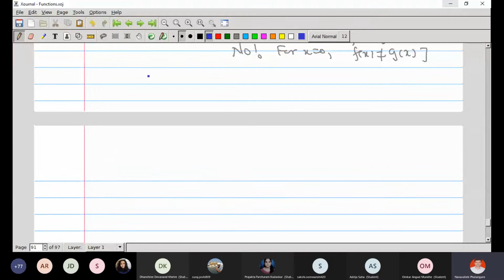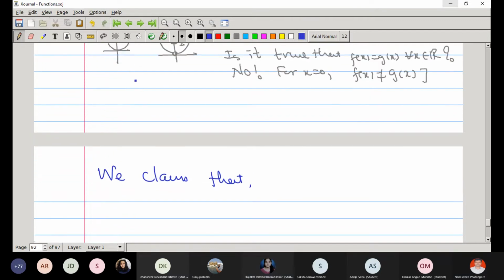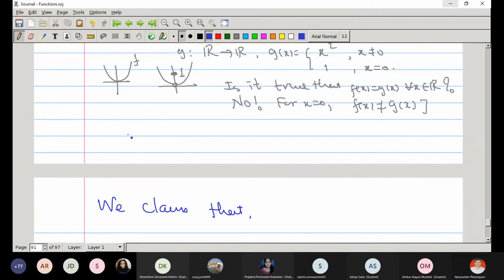Therefore we claim that, what we claim now: g composite f inverse is from what to what?